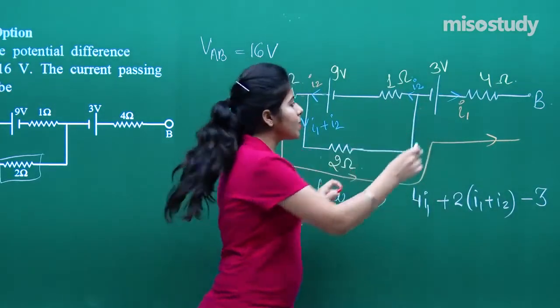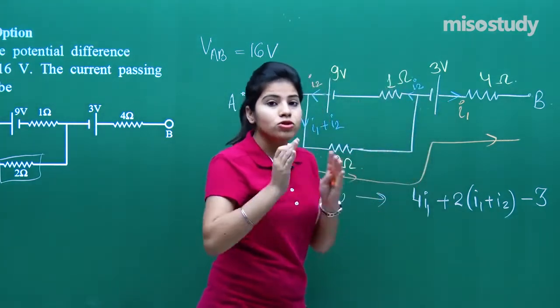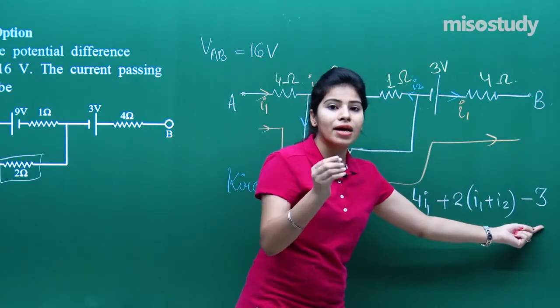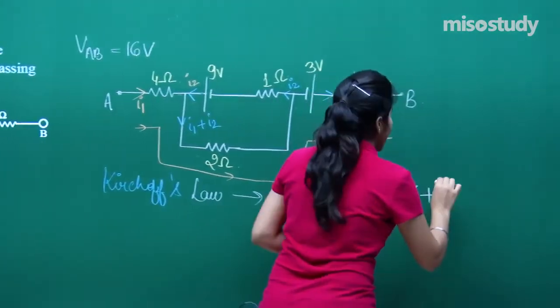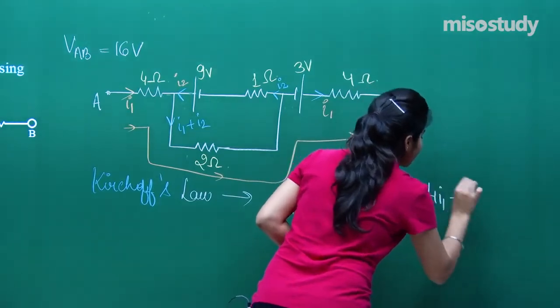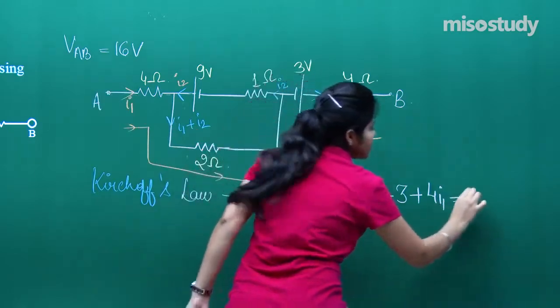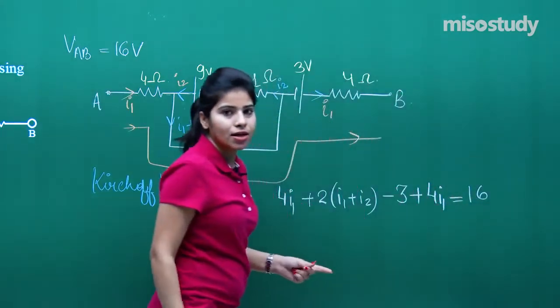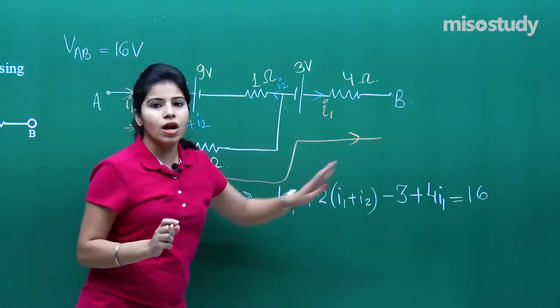Because in this arm, in this battery, the current is flowing from minus to plus. So that means we are going to consider the minus sign over here. Minus 3 plus 4I1 equals what has been given? VAB equals 16 volt. So this will be equal to 16. This we have considered as equation 1 for this particular arm.